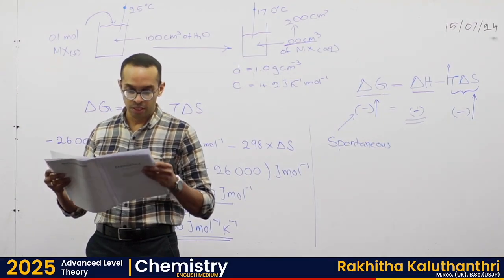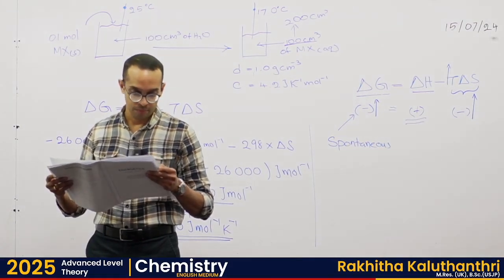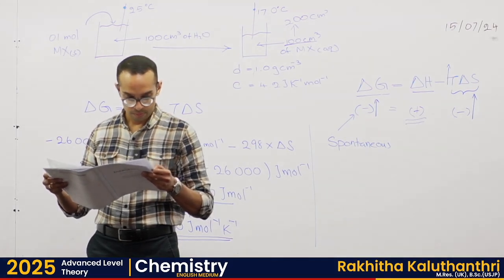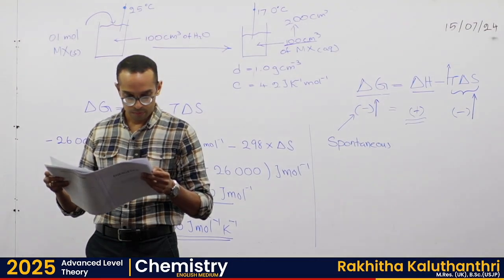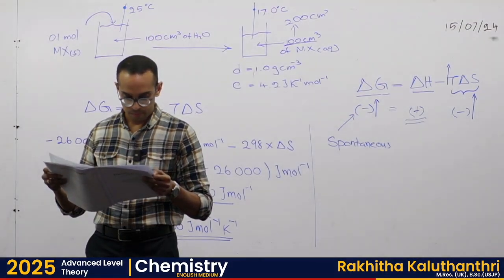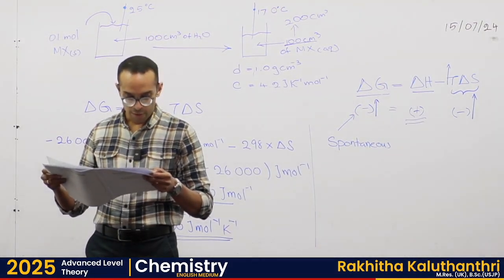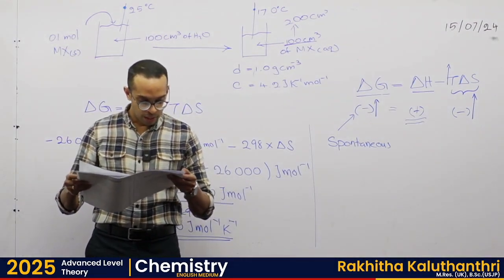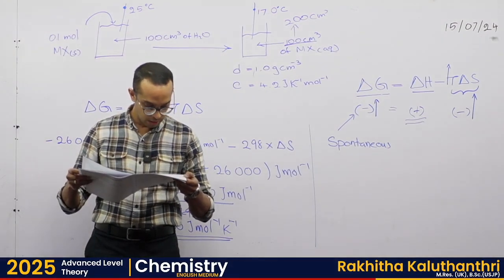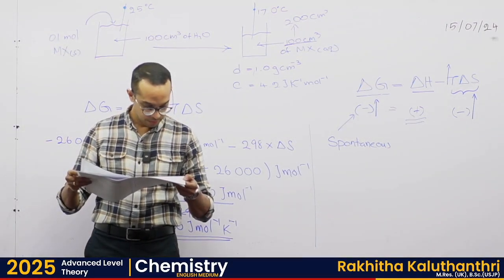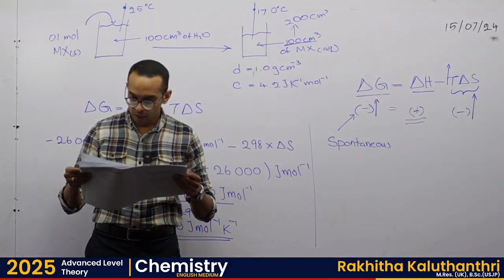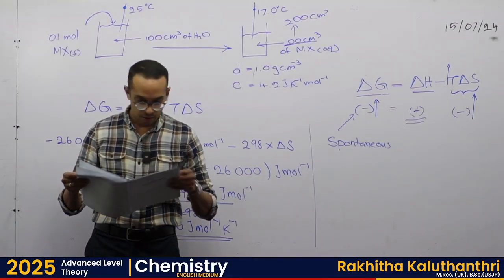Turn to the Gibbs free energy related MCQ part. I want you to pay attention to these types of questions. So attempt question number 6, 8, 11. We'll do 3 questions.